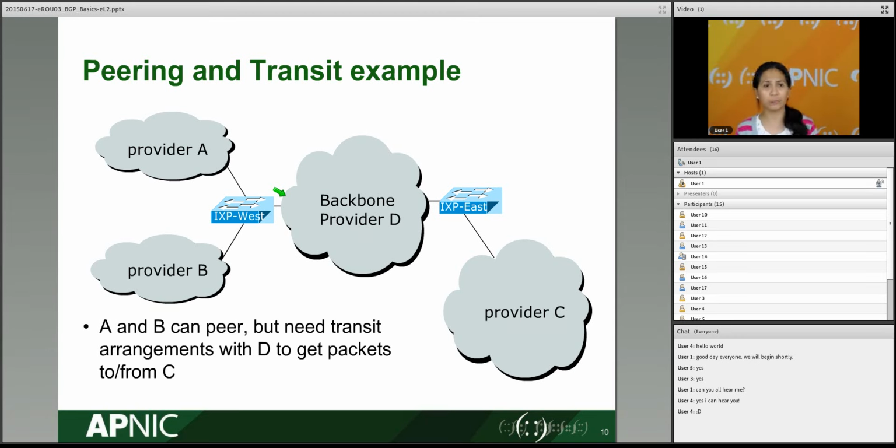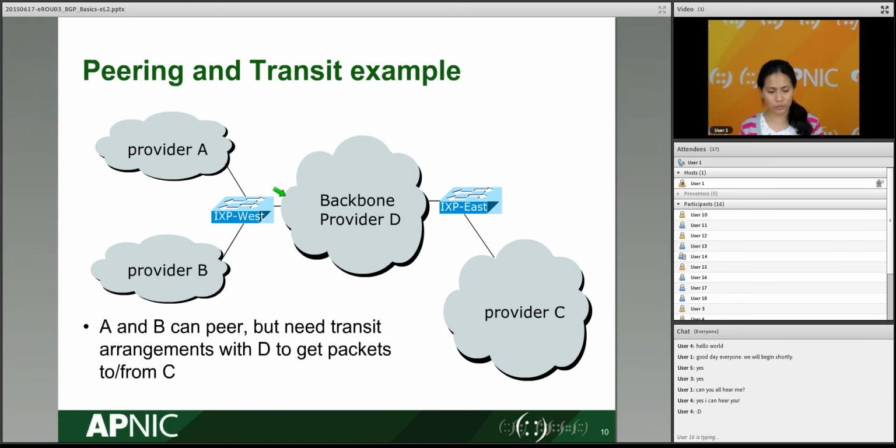So A and B are peering, C and D are peering, but A or B going to C, or C going backwards to A and B, will have to get transit via provider D. That's a very simplified example, and hopefully you would want to do a lot of peering, because that really helps out with the latency, and even with the costs of sending traffic across.